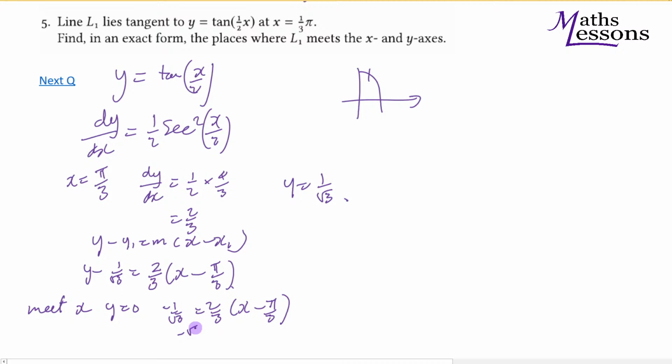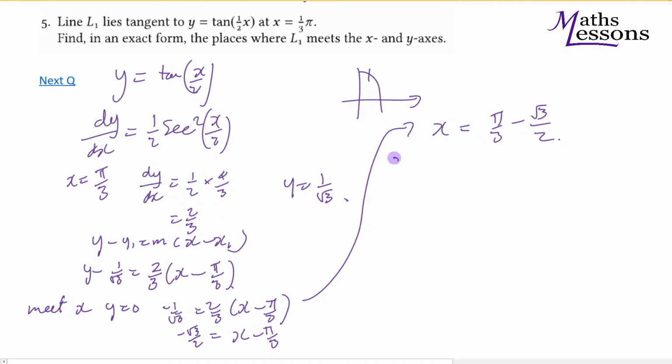So it's going to be minus root 3 over 2 equals x minus pi by 3. I'm just going to go up here to finish off the working to keep it all on one screen. And so therefore we can see that x will equal pi by 3 minus root 3 over 2.